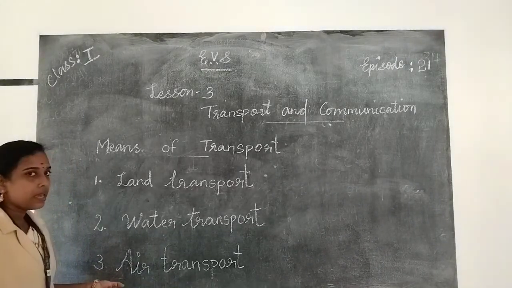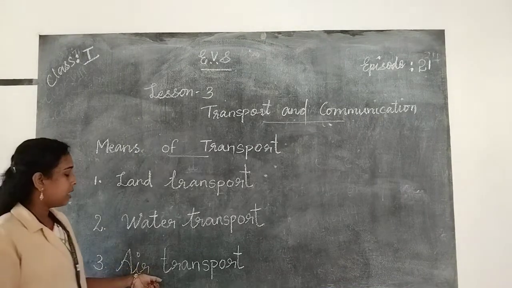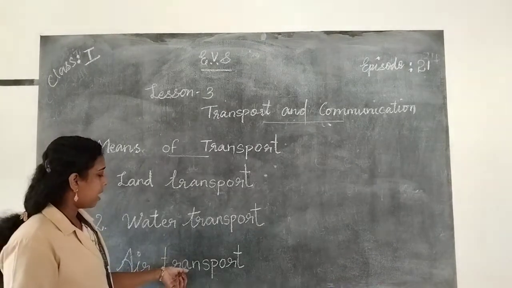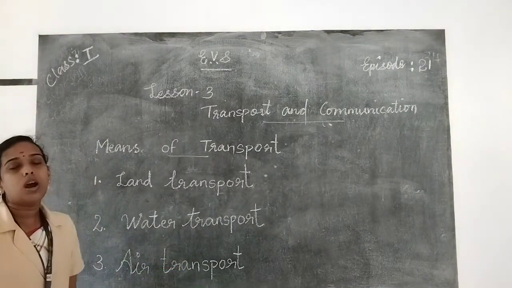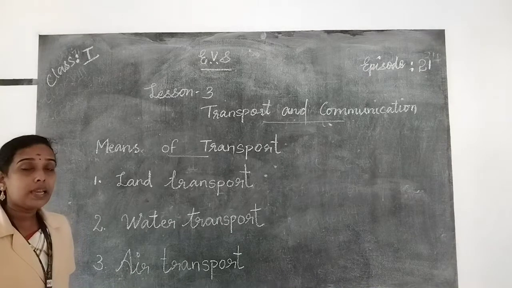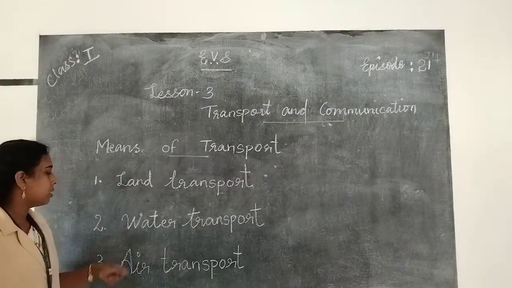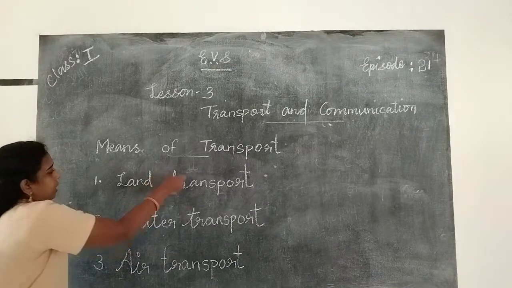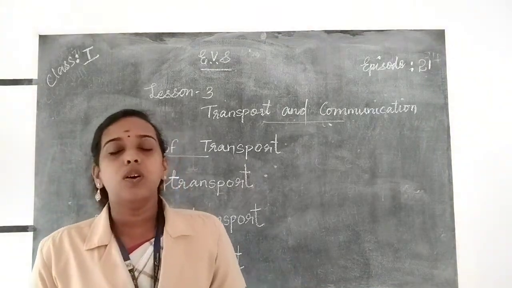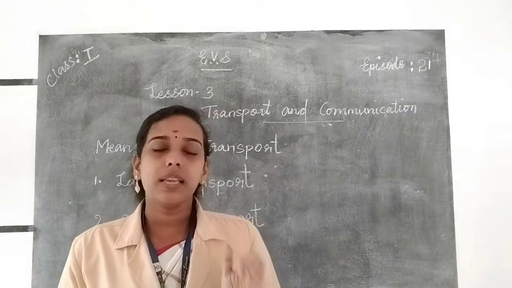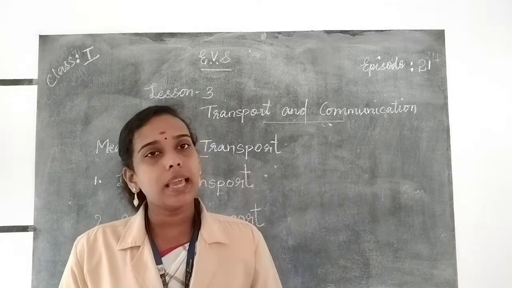And air transport. A-I-R-T-R-A-N-S-P-O-R-T, air transport. So land transport, water transport, air transport. So which are the three main means of transport? Land transport, water transport and air transport.